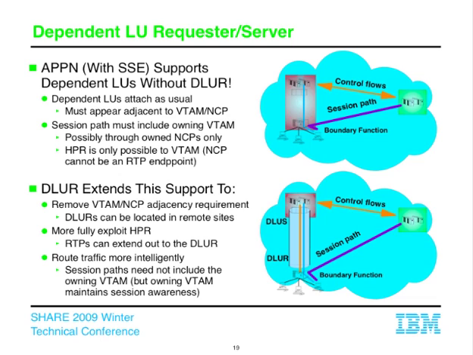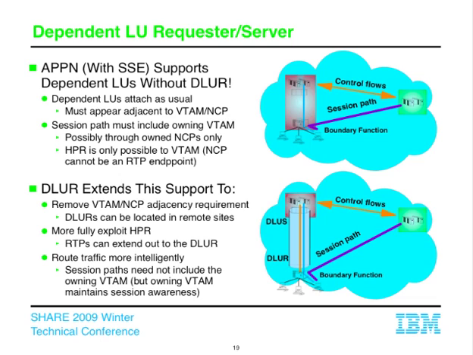It can do ANR routing as an intermediate node on an RTP pipe path, but it can't be the endpoint of an RTP path. And for that reason, if the session takes the direct path from the end node down to the NCP and then out to the device, this link is doing ISR routing, not HPR routing. And most customers would prefer to have HPR routing for their dependent sessions as well as for their independent LU sessions. So the DLUR, DLUS architecture was invented to try to eliminate those two problems.